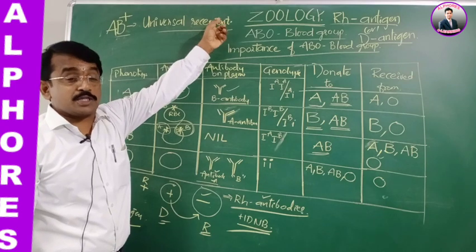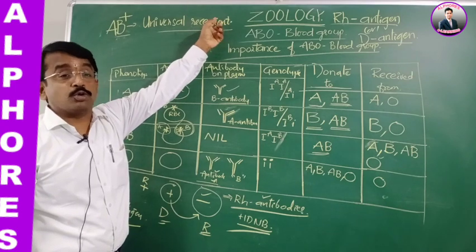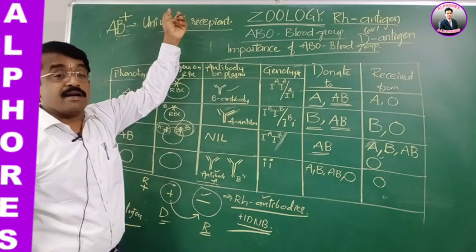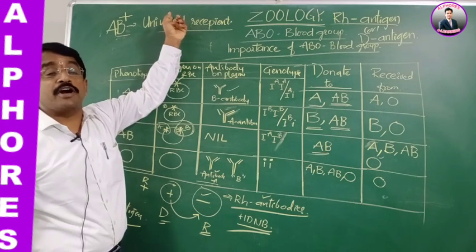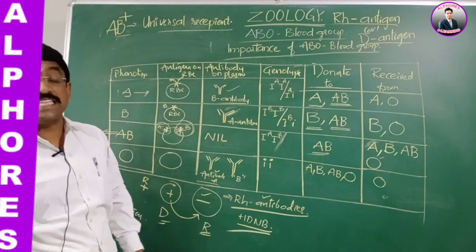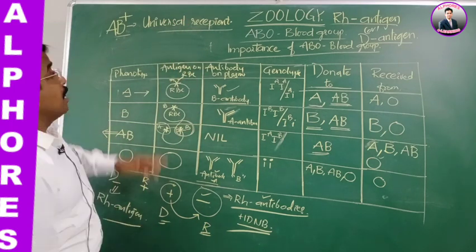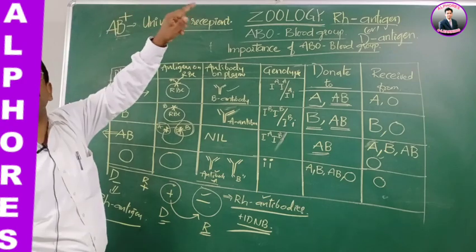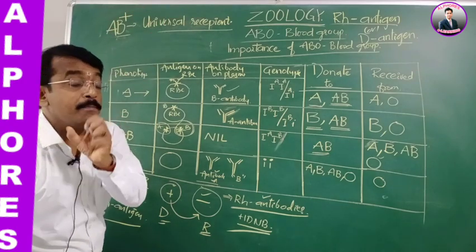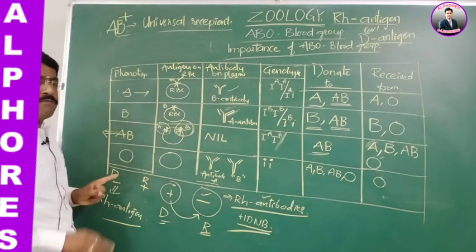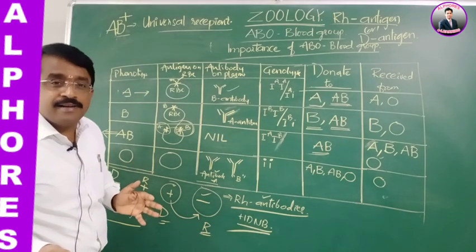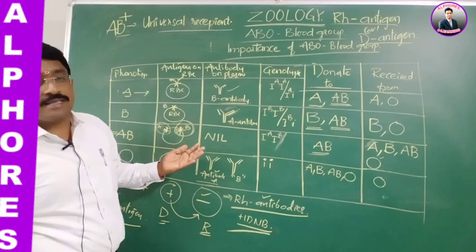Again, I will explain the Rh blood group. Here is a clear indication: AB positive does not produce Rh antibodies, so the chance of clumping is null. In the same manner, when AB positive is the universal recipient, what about the donor? Same thing: if the donor does not have the antigen, no chance.